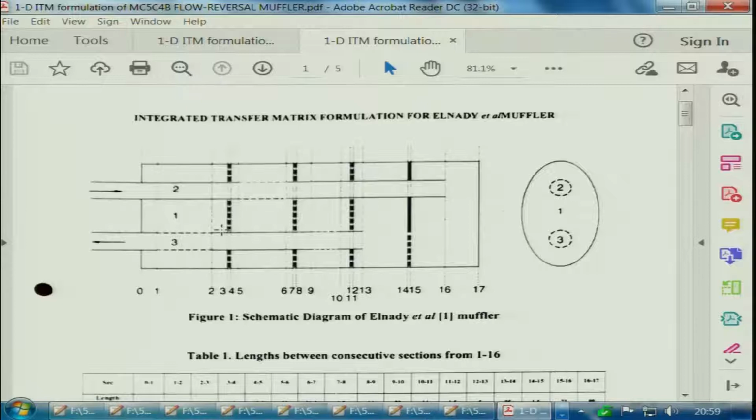The integrated transfer matrix is nothing but a very sophisticated form of network analysis.